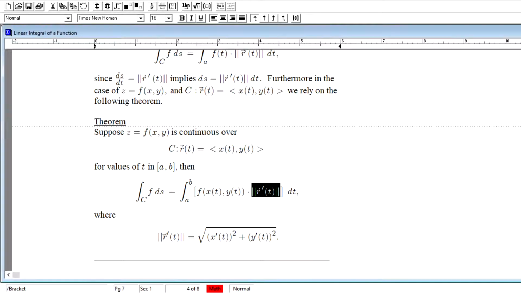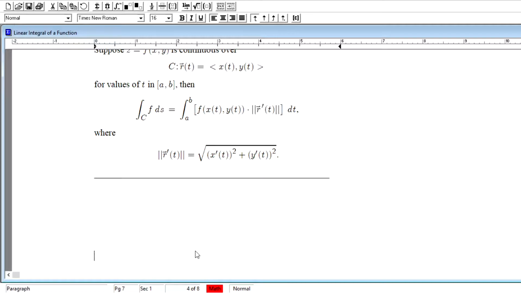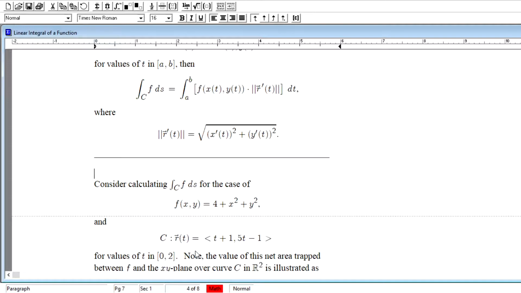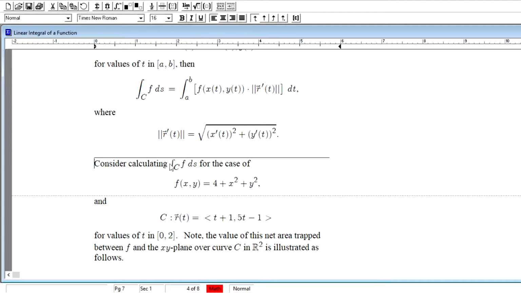Let's consider a specific example. I do think I follow this with an example. Consider calculating the linear integral of f over curve c with respect to arc length s for the case of the multivariable function given by this surface here.